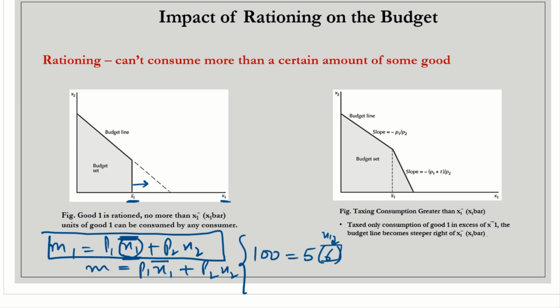Now this is fixed, remember that, plus x2 times 4, where 4 is the price p2. So x1 is fixed at 6, right? So this is going to be the case.